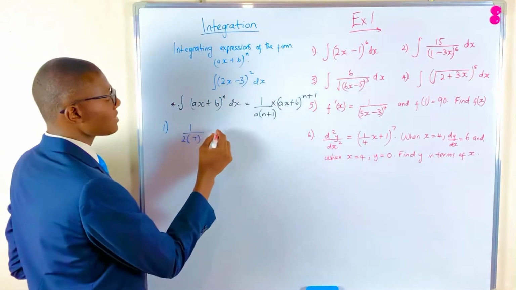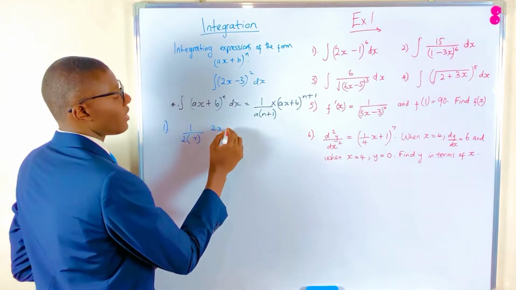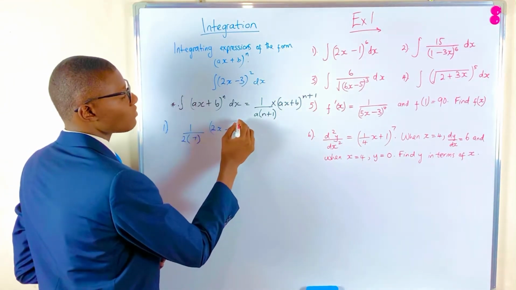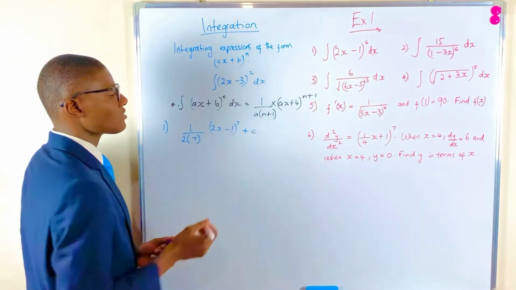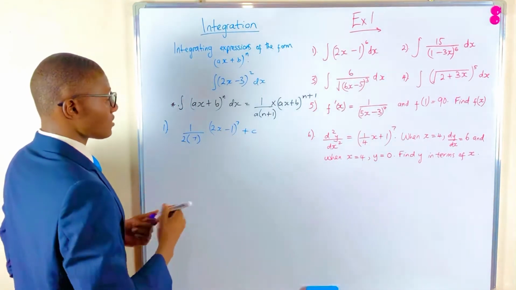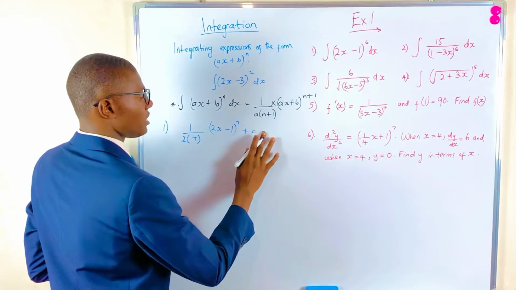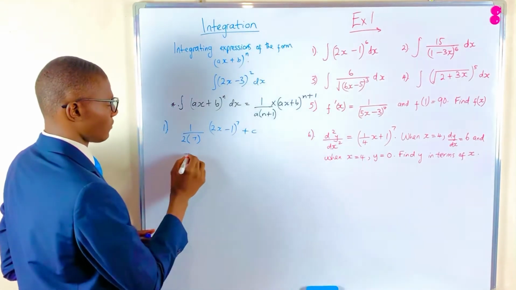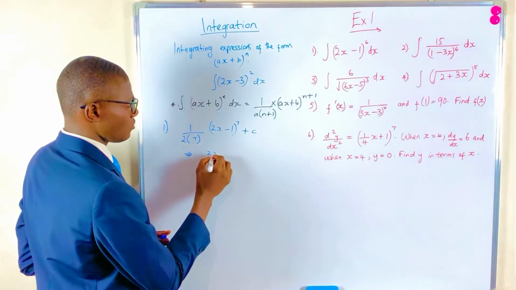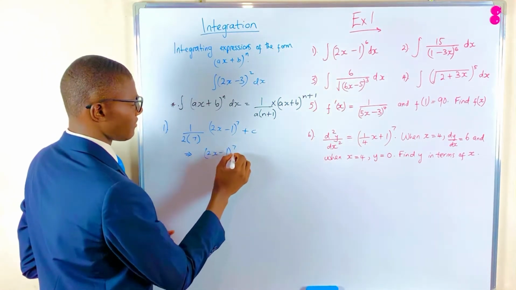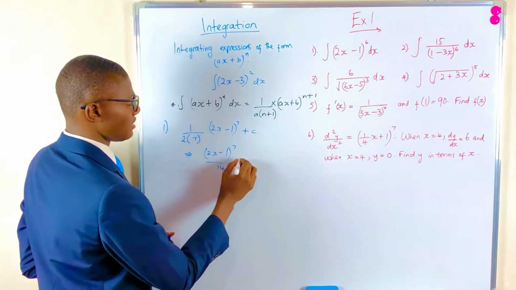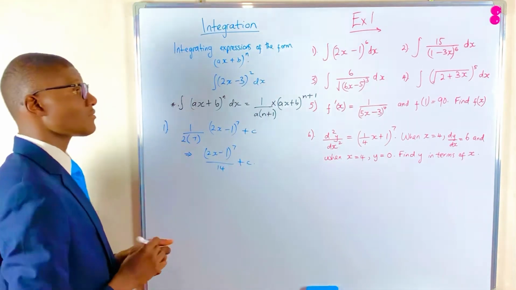Then this times (2x - 1) raised to the power of 7, then plus the constant of integration c. So this will be equal to (2x - 1)^7 over 14 plus c. So this is for number 1.